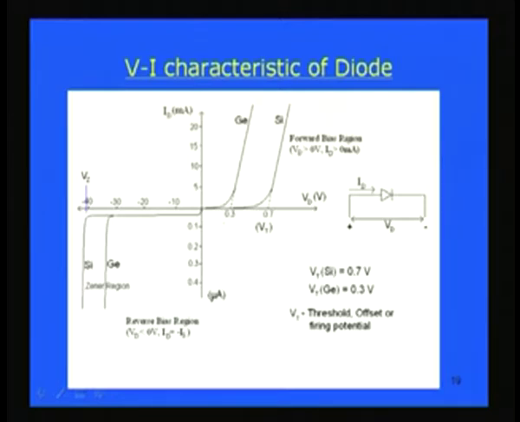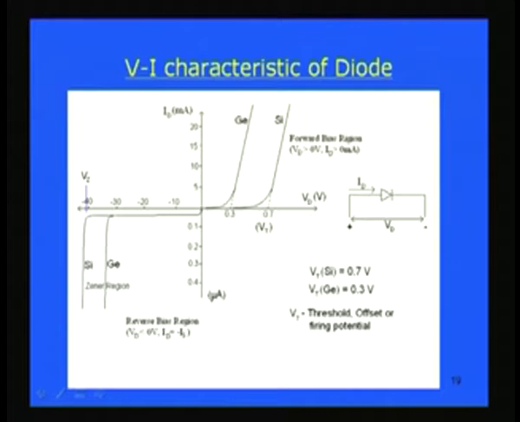Under the forward bias condition, the typical values of threshold, or offset, or firing potential, which is nothing but the built-in potential or the potential barrier that we have discussed, are generally taken as 0.7 volt for silicon and 0.3 volt for germanium.